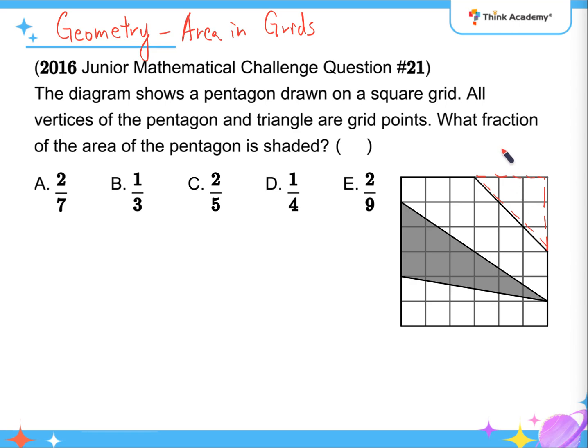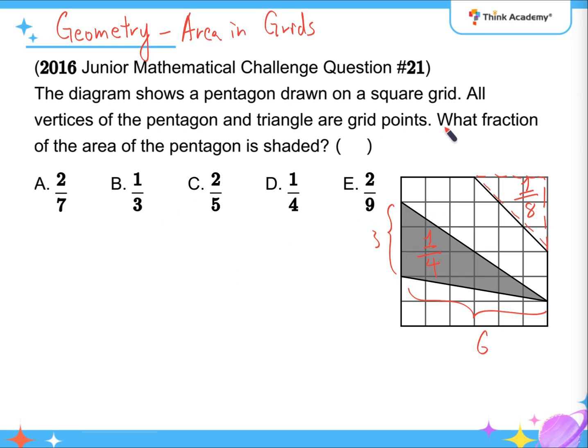Where this triangle, you can see that it's 1/8 of the whole square, right? And for the shaded triangle, the base is 3, the height is 6. So, well, it's going to be 1/4 of the square.